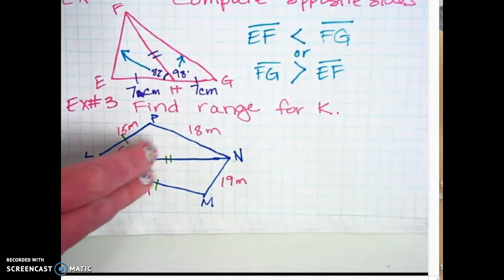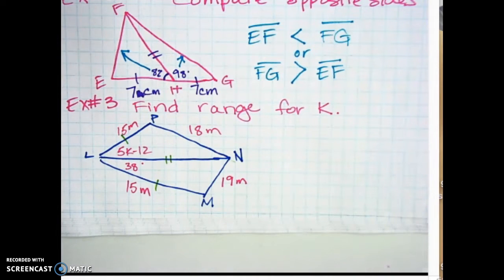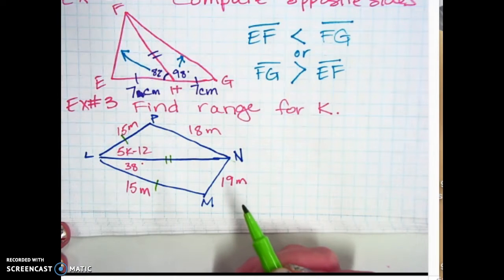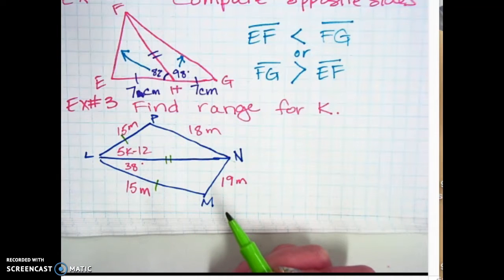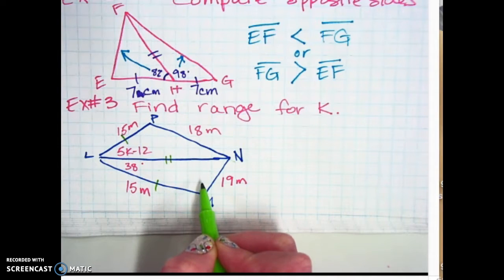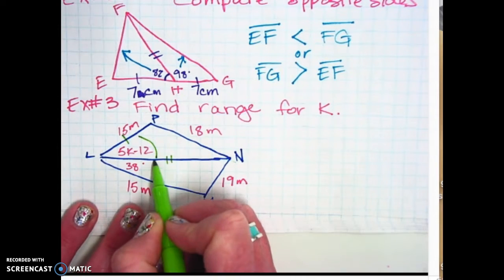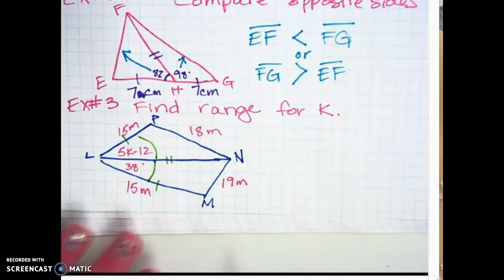That makes these two angles right here the included angles, right? Okay, so the first thing we're going to do is say that this angle is compared to this angle. How?